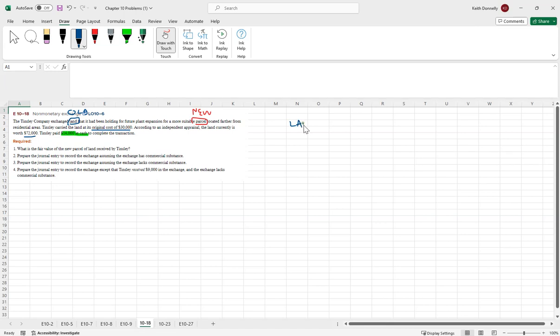So we have the old land. It has a book value of 30, and it has a fair value of 72. We gave that land plus we gave cash of 14,000.